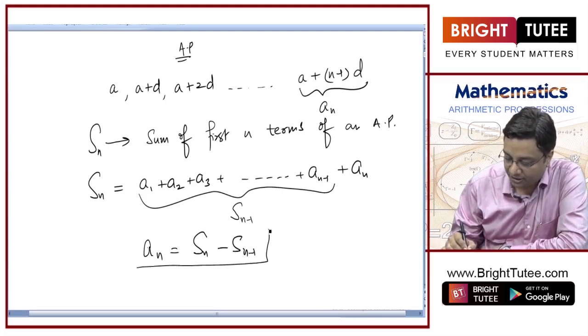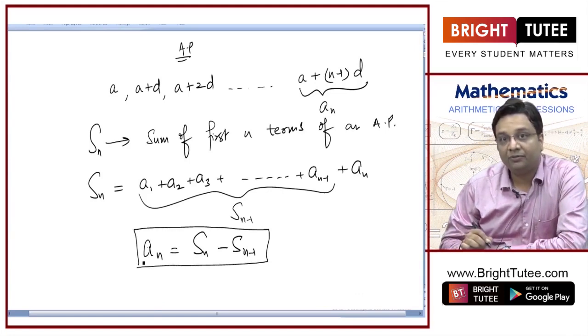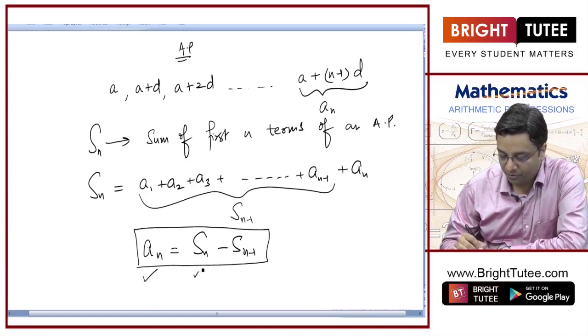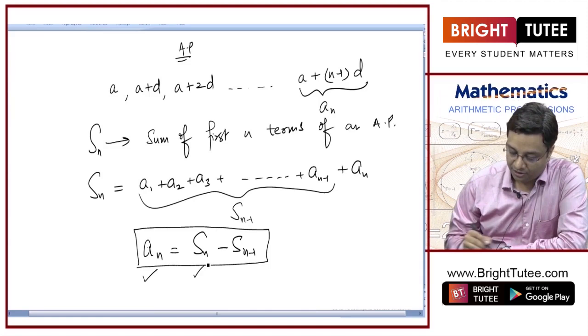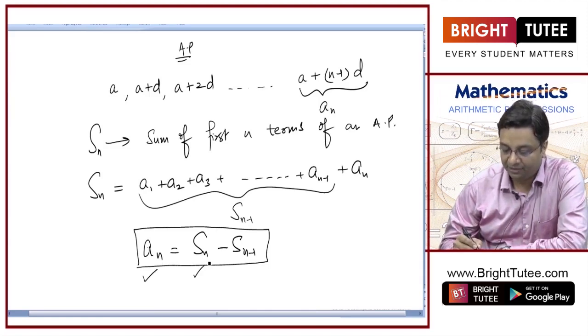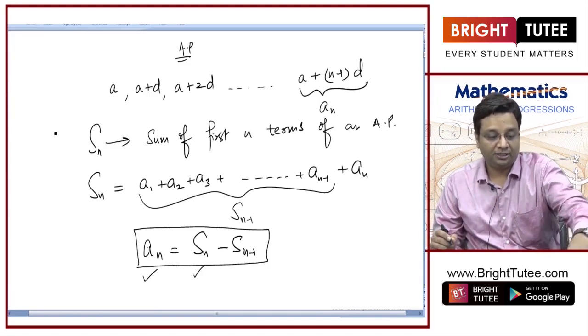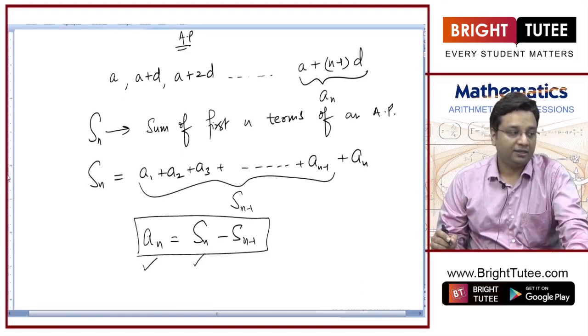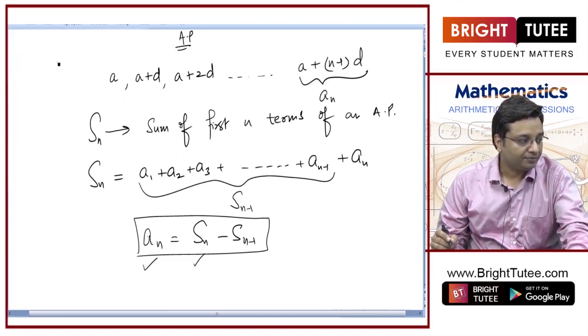This is an important relationship between the nth term of an AP and the sum up to n terms. This is a very useful relationship which we will see in the upcoming questions, right?